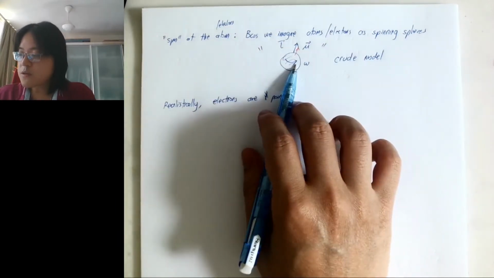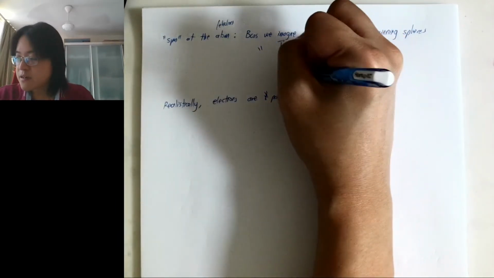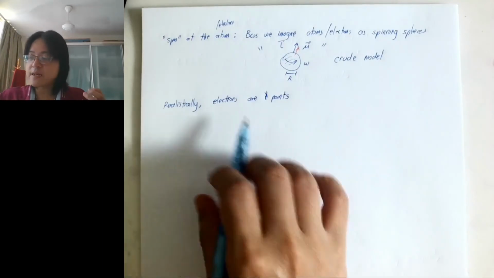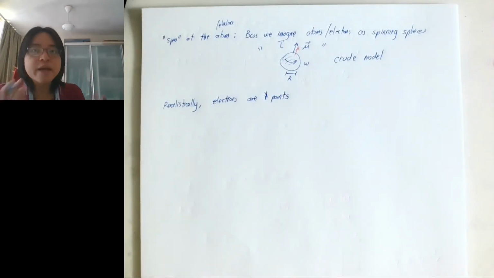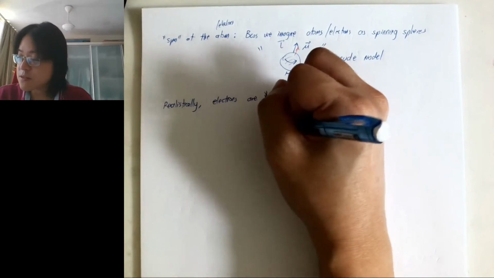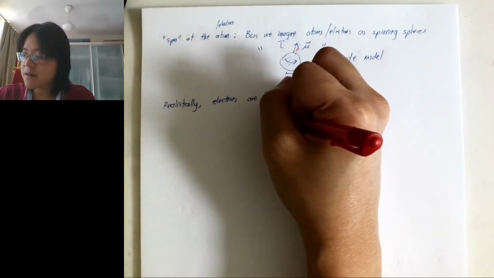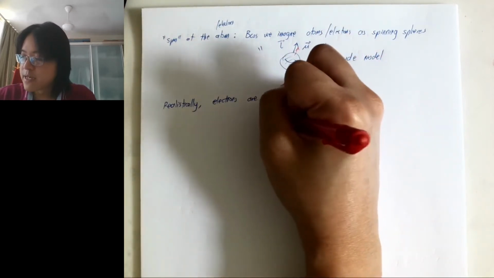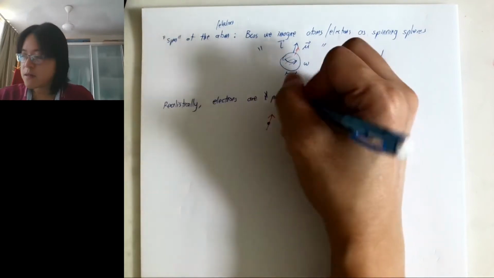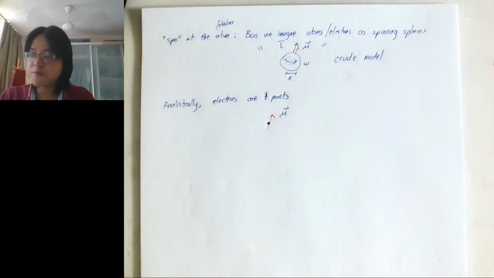We cannot imagine the sphere because a sphere has some radius, but electrons are points. So how can a point spin? It can't. But anyway, thanks to other calculations from quantum mechanics, it still has a spin and magnetic dipole moment.